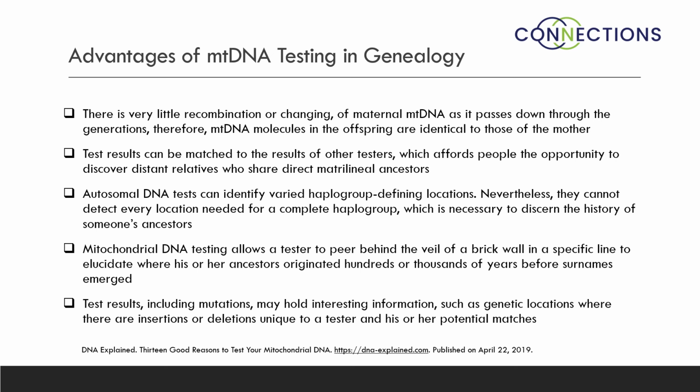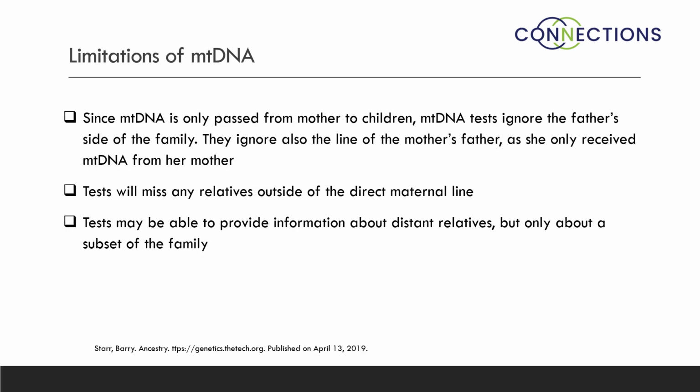Mitochondrial DNA testing allows a tester to peer behind the veil of a brick wall in a specific line to elucidate where his or her ancestors originated hundreds or thousands of years before surnames emerged. Test results, including mutations, may hold interesting information, such as genetic locations where there are insertions or deletions unique to a tester and his or her potential matches.